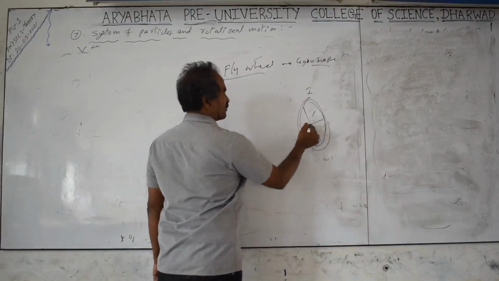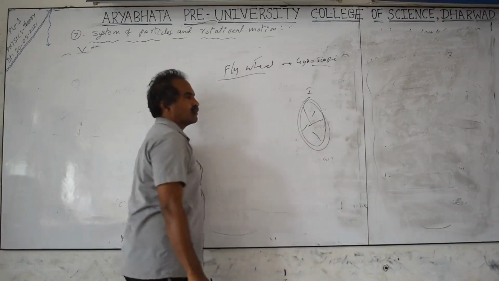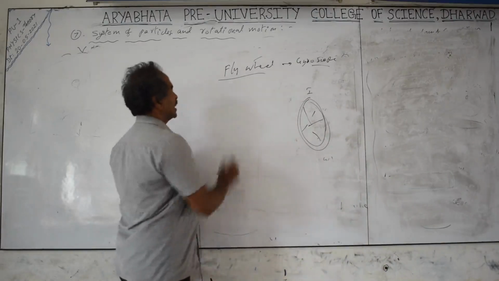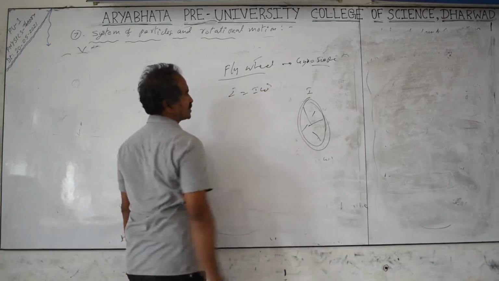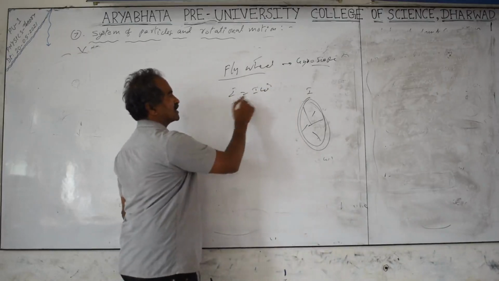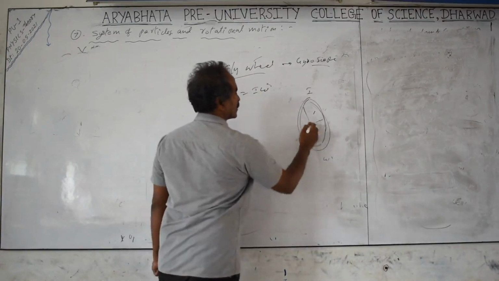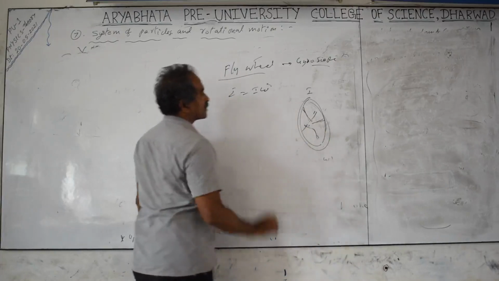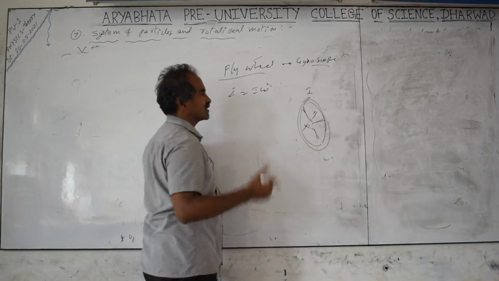For this flywheel, the moment of inertia should be large enough, so that once rotated, it keeps on trying to rotate due to the property called moment of inertia. L is equal to I omega. If I is large, L is also large. So it's trying to keep L constant because of the property called moment of inertia. In vehicles, cars, bikes, etc., the fuel is not burned continuously, so jerks of motion will be there.